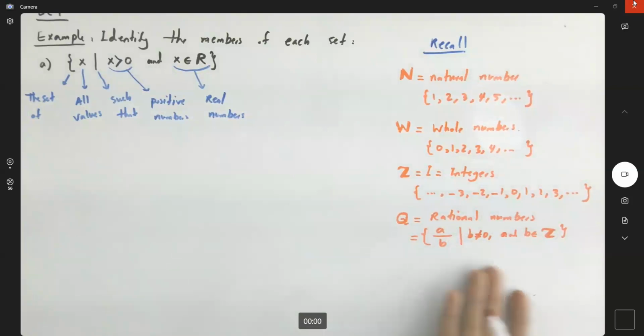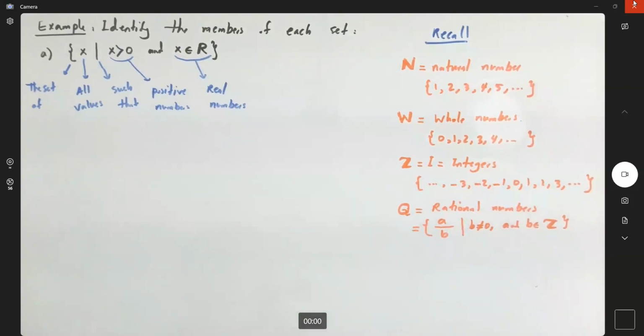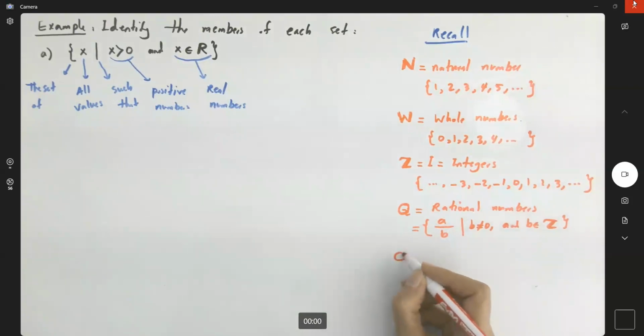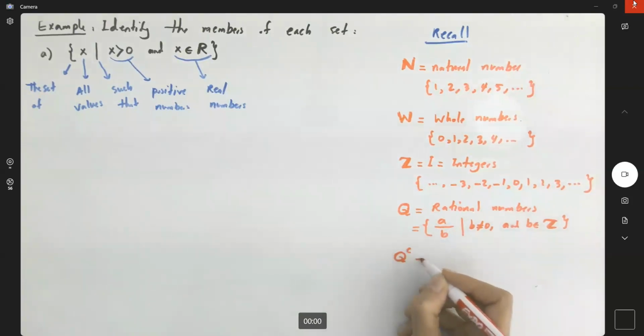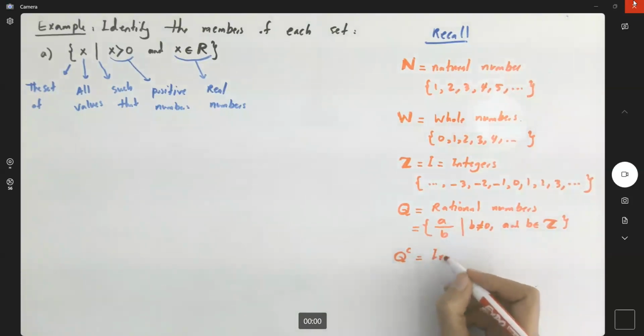You might say, hey, I don't see any radical 2, square root of 2, square root of 3. I don't see pi here. I don't see Napier number here. What about those poor numbers? Those are called irrational numbers. Irrational numbers, or the complement of rationals.